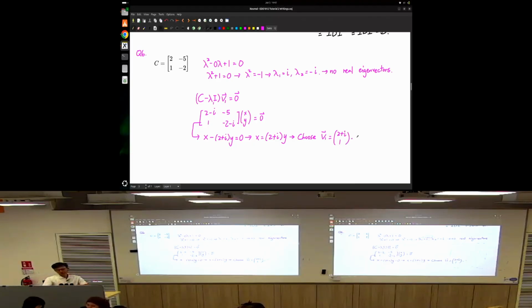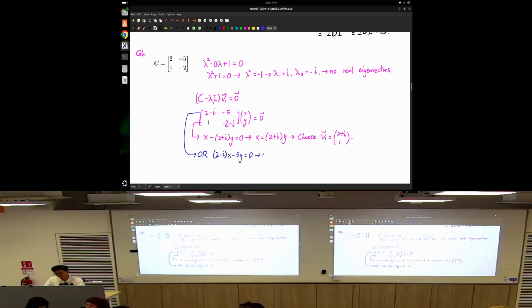But as I mentioned, an eigenvector is not unique. You can choose your preference. Some of you may say, okay, I can work from the first row. The answer is yes, you can also work from the first row. So I'm going to put an 'or' here, just to show you another variation. It can be (2 minus i) times x minus 5 times y equals 0.